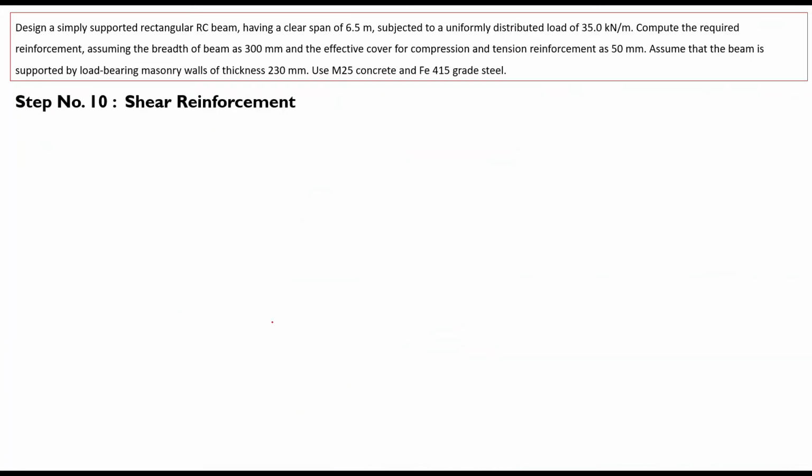Now another very important aspect of this type of problem where heavy loading is there: we have to check for the shear stresses, that means whether shear reinforcement is required or not.